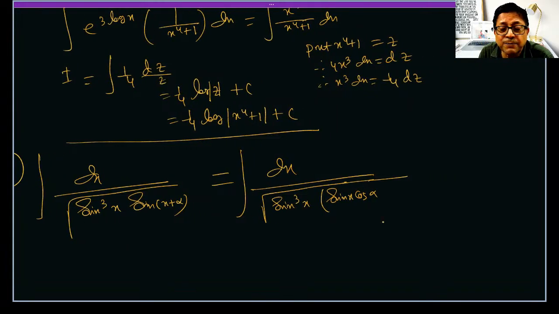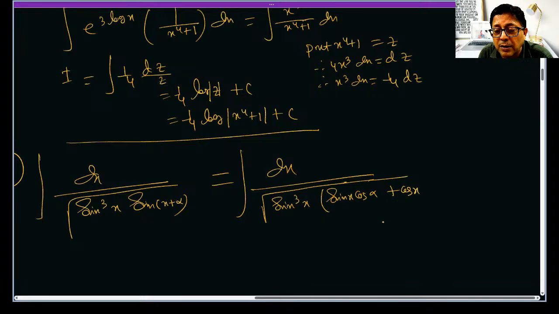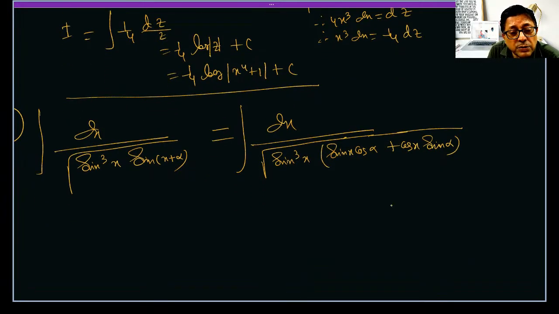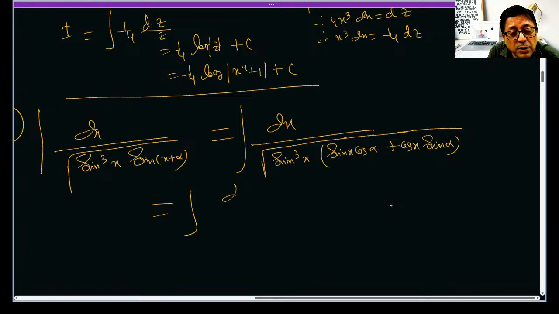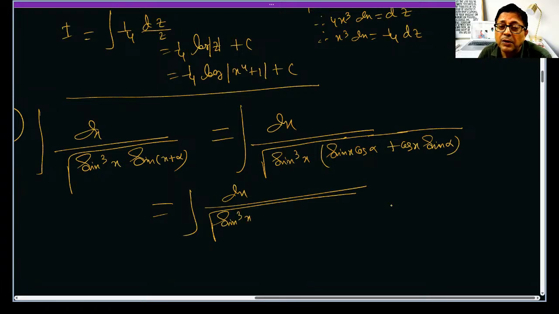So sin x plus alpha, if we expand it this manner, sin x cos alpha plus cos x sin alpha. This is just practice once with me, next time you will be able to do it yourself.